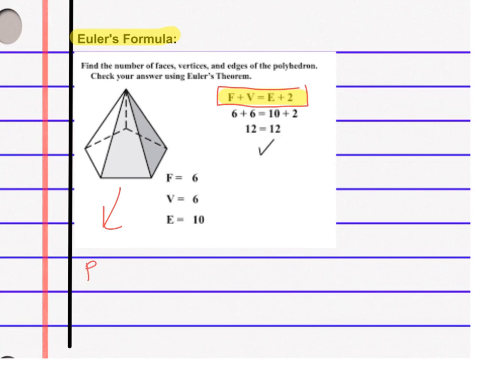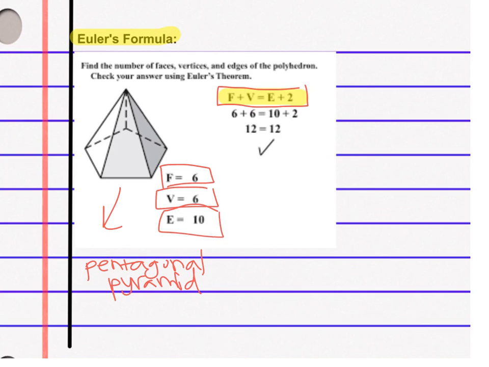This is a pentagonal pyramid. We would name it after the base, which is a pentagon, and the sides are triangles, so it's a pyramid. So it has 6 faces. The bottom base is a pentagon, and then there are 5 triangles. So that's 6 faces. It has 6 vertices and 10 edges. If we plug that into our formula, yes, that does work.